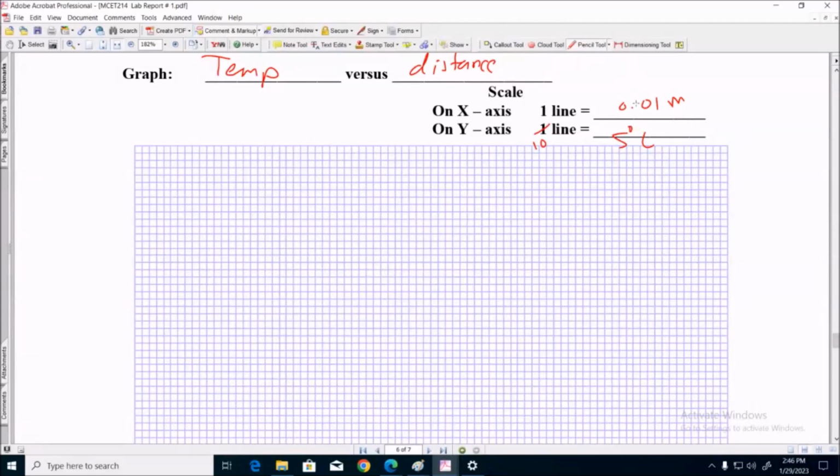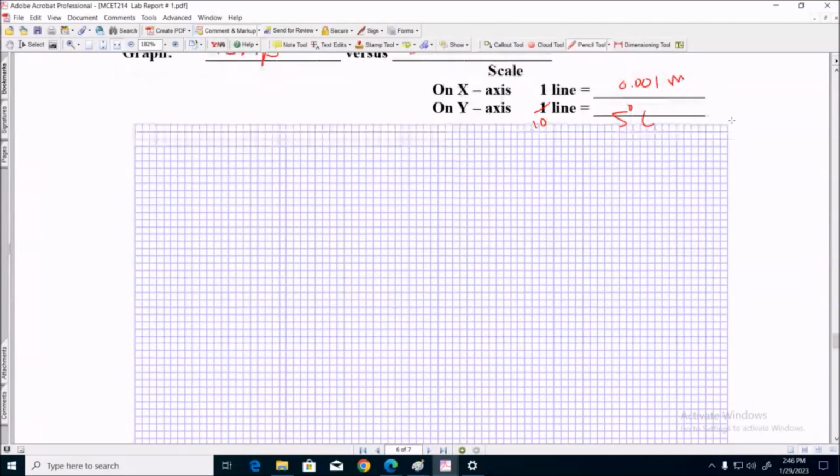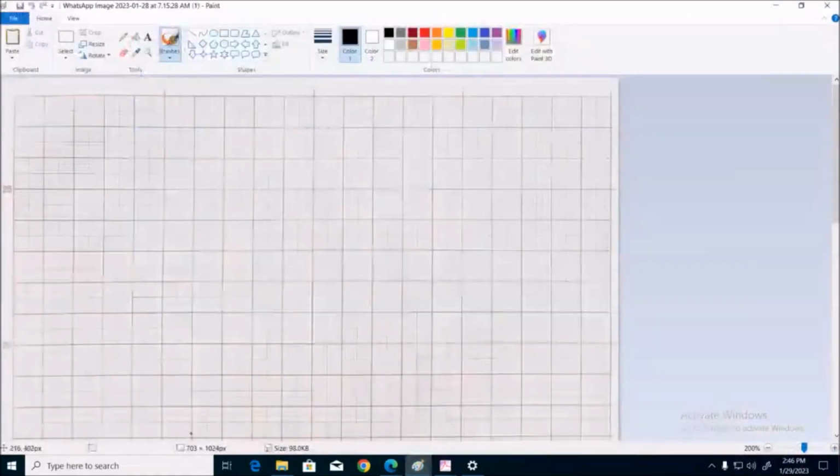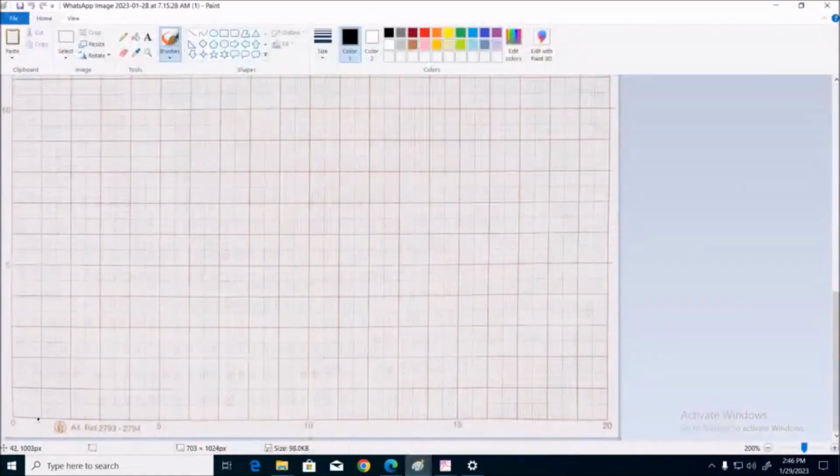I can count the 10 lines, 1, 2, 3, 4, 5, 6, 7, 8, 9, 10, it is there.